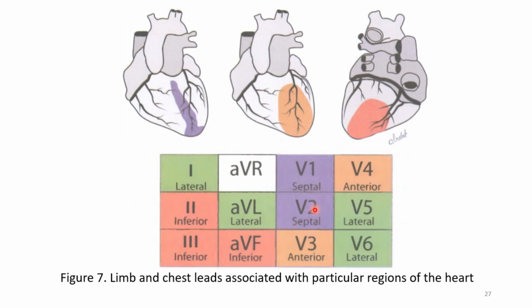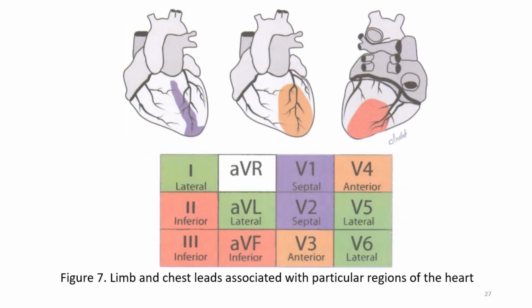V1, V2 septal events can be followed, and V3, V4 anterior part of the heart, and then V5 and V6 lateral part of the heart can be followed if you look here.